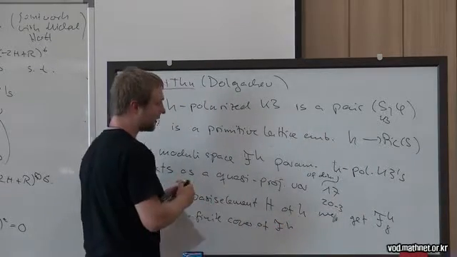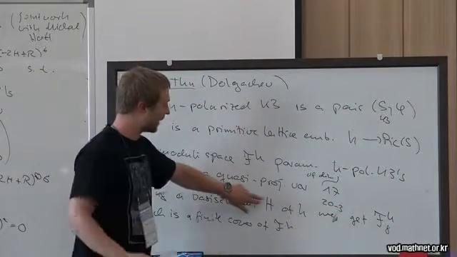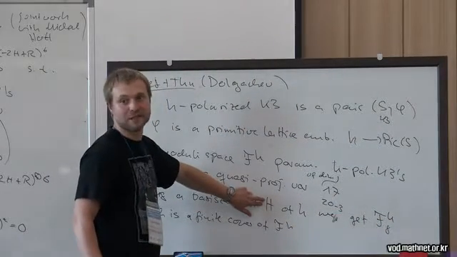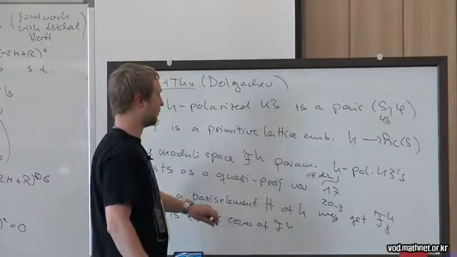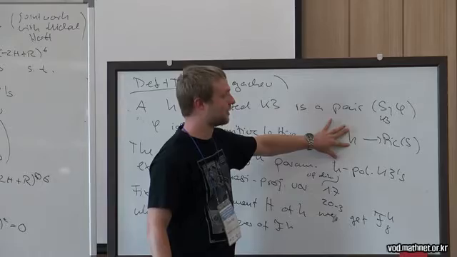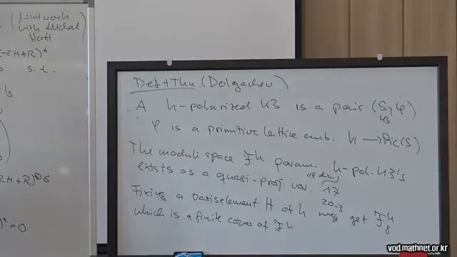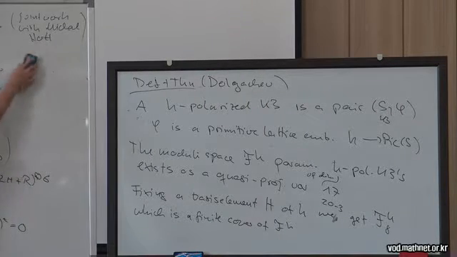So you should think of this guy here, or the elements of this guy, as big H polarized K3 surfaces for which small h is a sublattice of their Picard lattice.